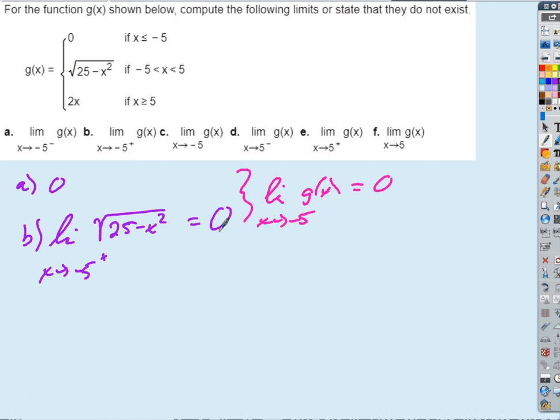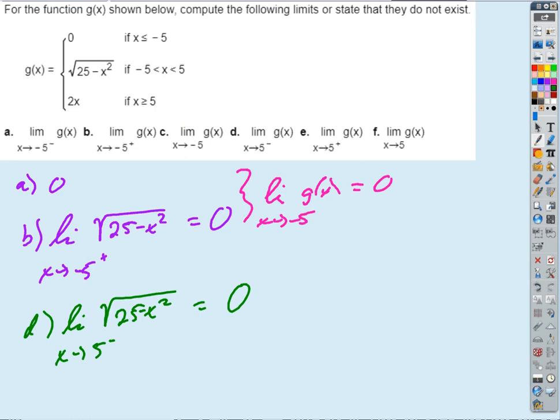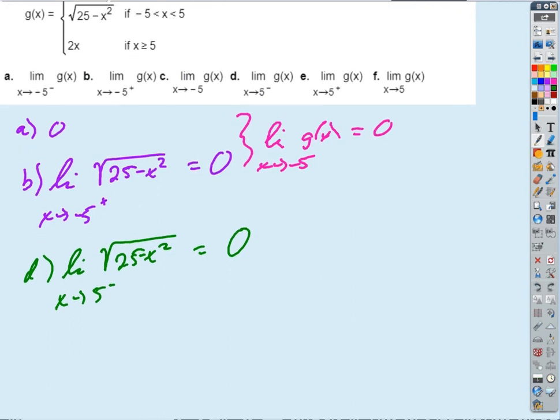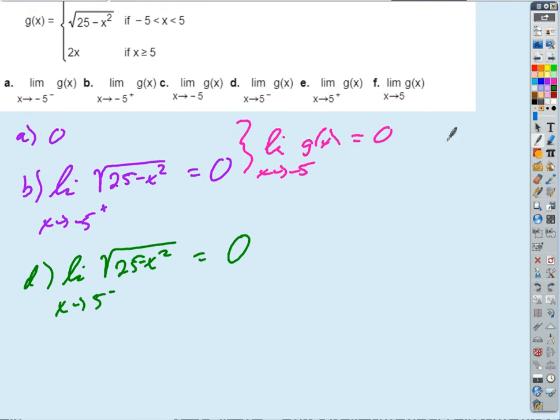Okay, what about part D? What if I'm approaching 5 from the left? Zero. That's good, because now for part D, I'm using the middle section. The limit of 25 minus x squared as x approaches 5 from the left is 25 minus 25, which is 0. How about if we're approaching 5 from the right?